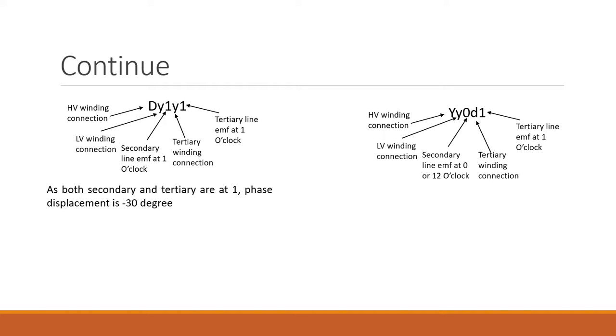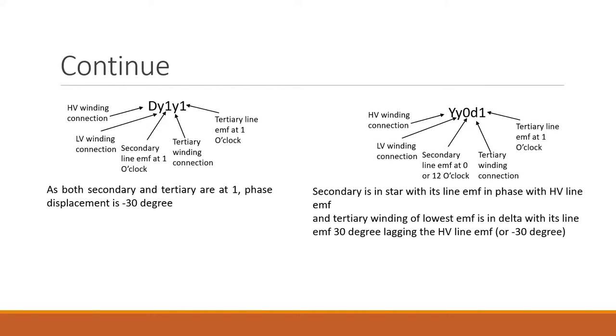We must all know how to read it. Here the secondary is in star with its line EMF in phase with the HV line EMF. The tertiary winding of lowest EMF is in delta with its line EMF 30 degrees lagging the HV line EMF, or minus 30 degrees. 1 means minus 30 degrees.